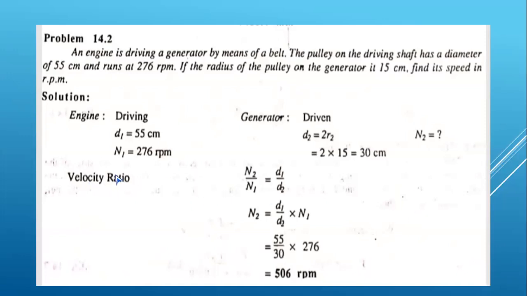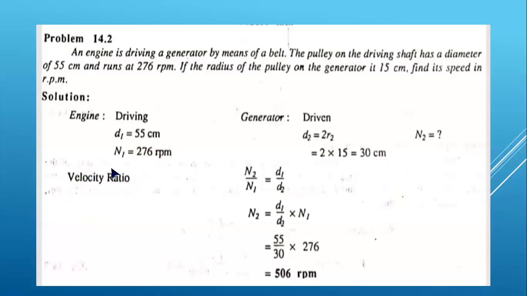So in this problem, you have the diameter of the pulley 55 centimeter and the speed of the pulley is 276 RPM. Use the ratio n2 by n1 equal to d1 by d2. Substitute the values in this equation.